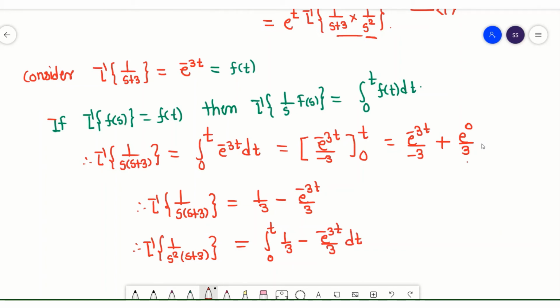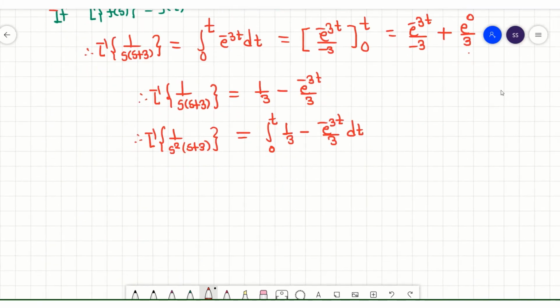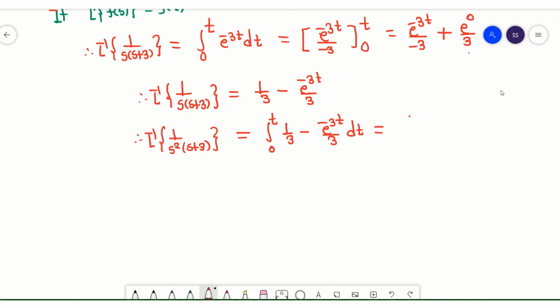Now take the integration of this term. It is equal to t by 3 minus e to the power minus 3t divided by minus 9, right? Because this 3 is already there, it becomes minus 9, with limits from 0 to t.